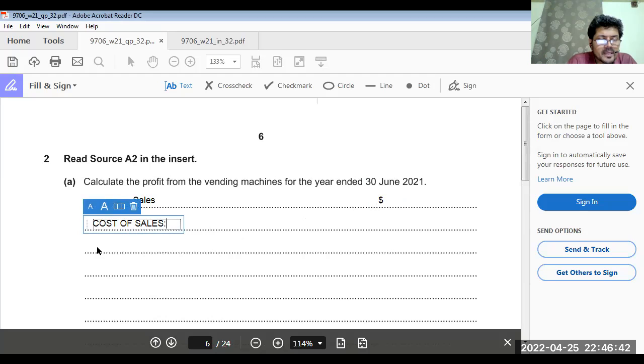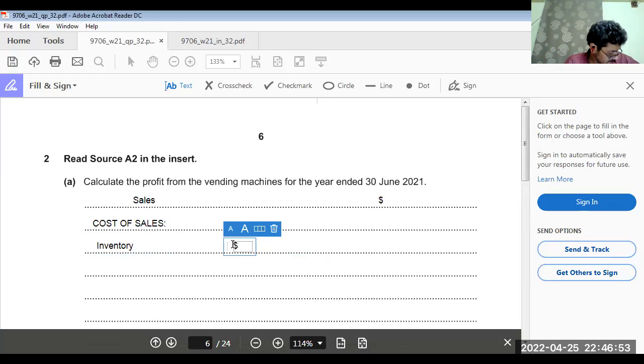Okay. Now, cost of sales, inventory, beginning inventory. How much? Beginning inventory is 210.